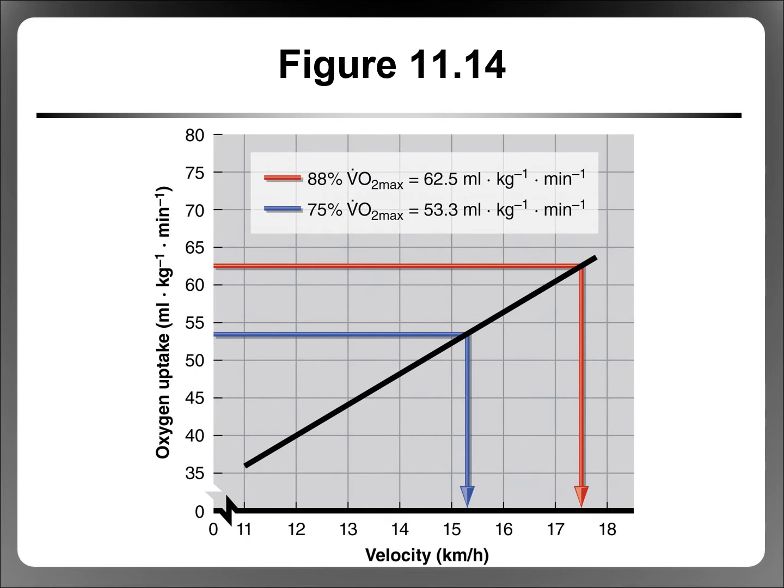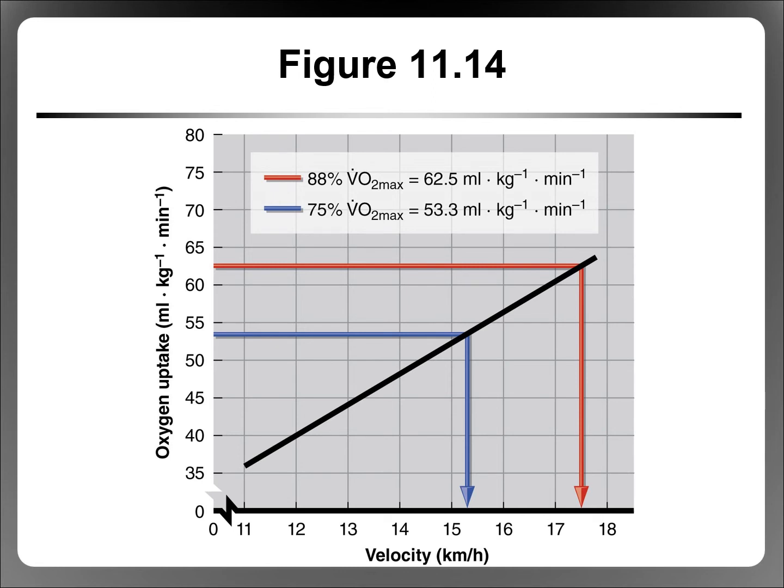All right. So looking at this example here, we have oxygen uptake of VO2 on the left and the absolute velocity on the bottom. So if we look at this line right here, this is a performance line. At about 75% of VO2, that is going to be 53.3 mLs per kg per minute.